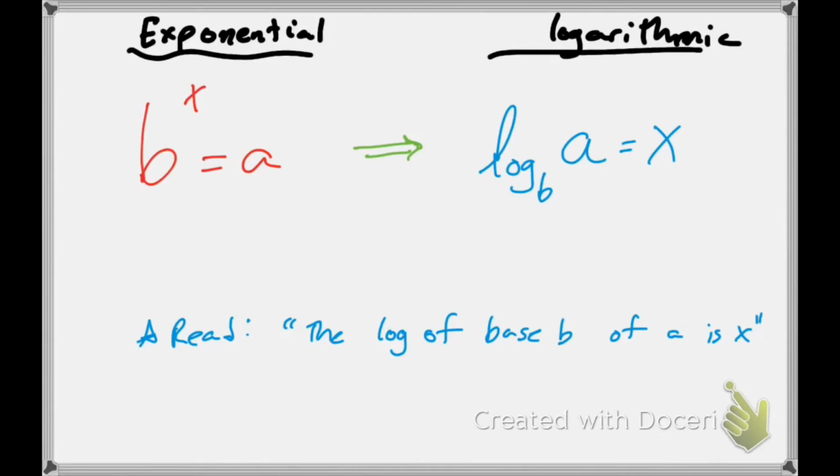Now logarithmic form, the base is still b, but it drops down here. Now that's what it equals in the exponential form, but now that becomes this part right here. Now a logarithm equals the exponent, so my exponent is what the entire thing equals, like I previously said.